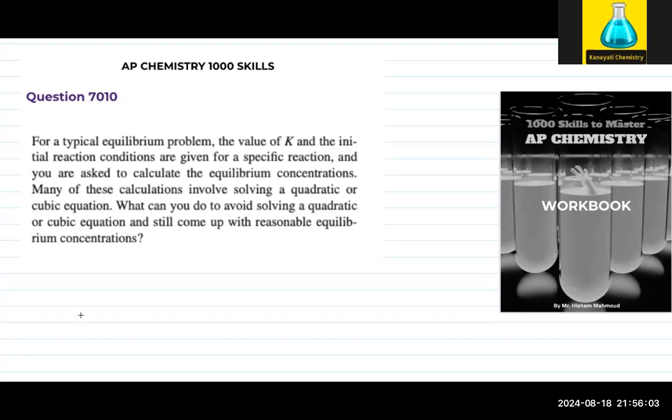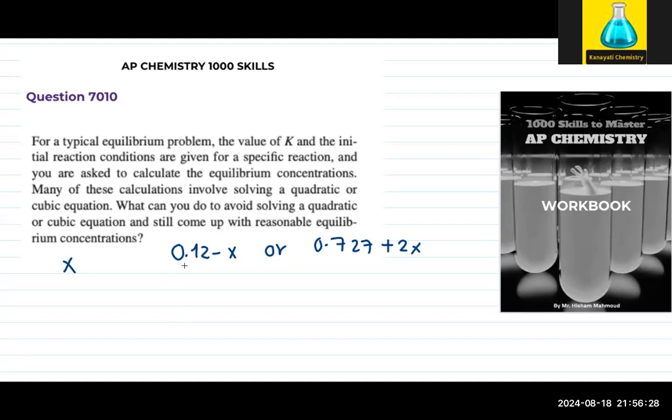In some problems, we can set up the problem so that the net change x that must occur to reach equilibrium is a small number. This comes in handy when you have expressions like 0.12 minus x, or 0.727 plus 2x, and so on. When x is very small, we can assume that it makes little difference when subtracted from or added to some relatively big number.